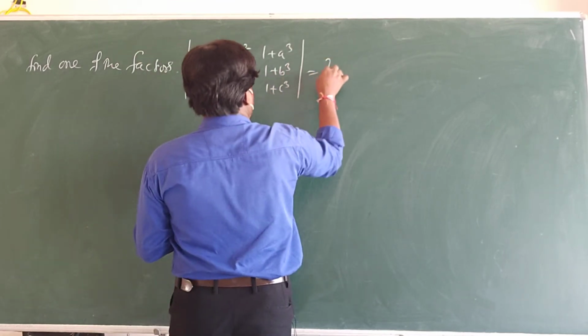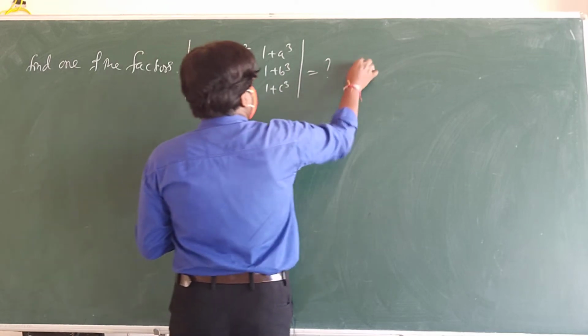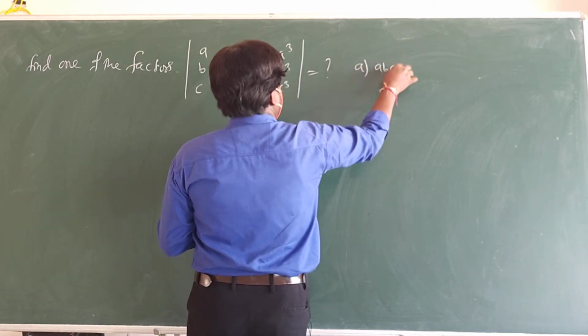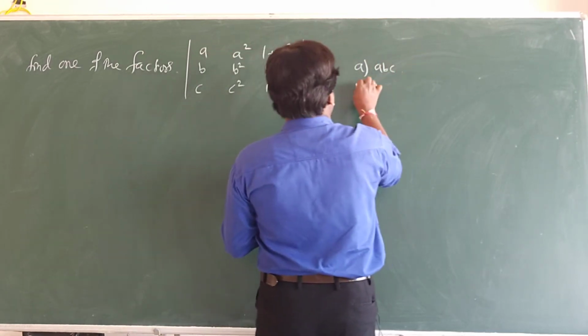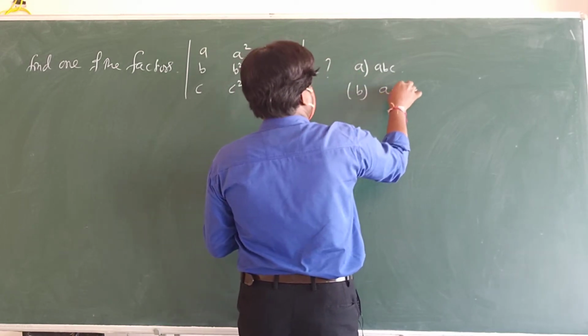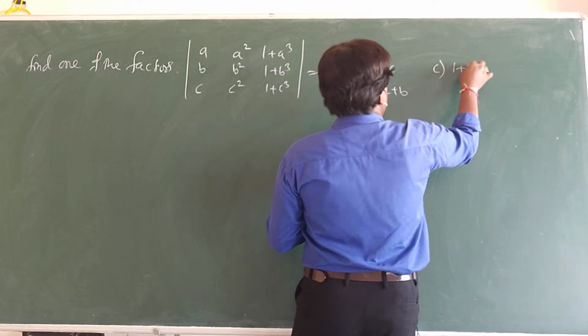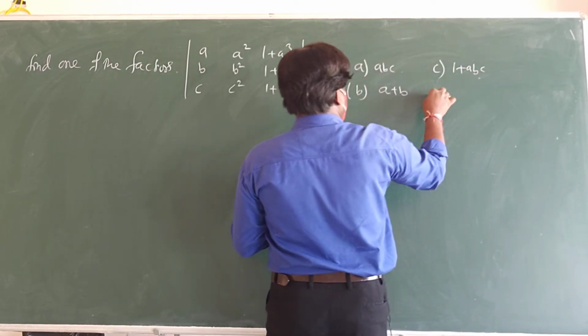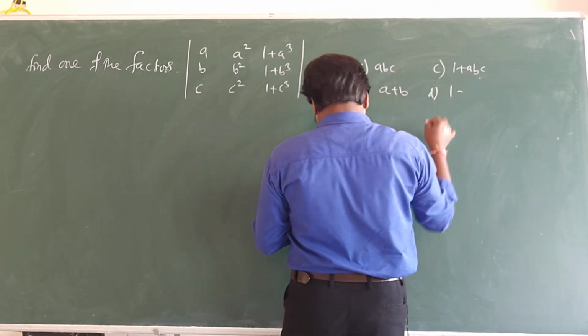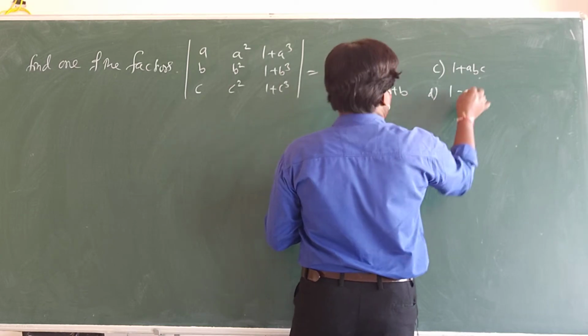One of the factors is equal to how much? Option A, ABC. Option B, A plus B. Option C, 1 plus ABC. Option D, 1 minus ABC.